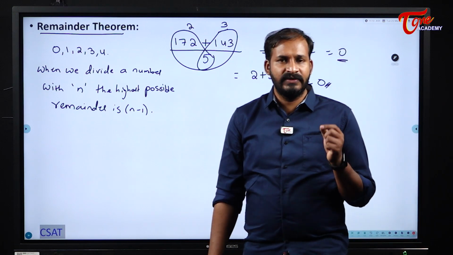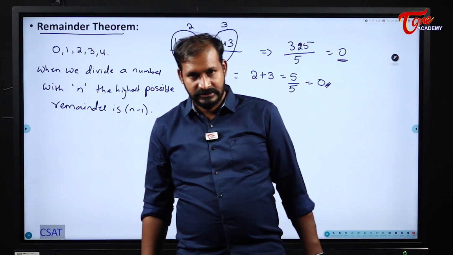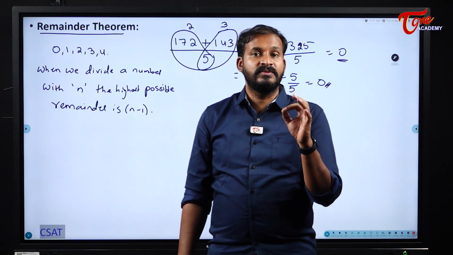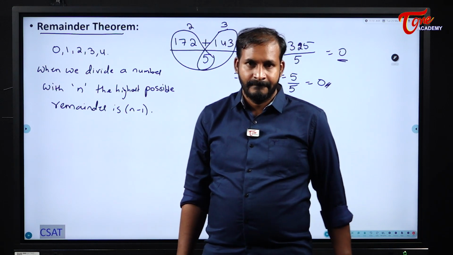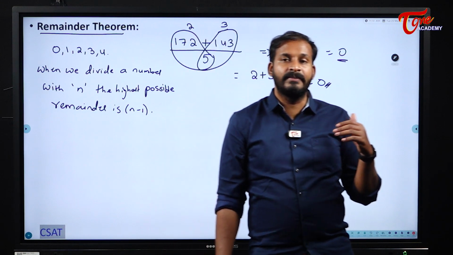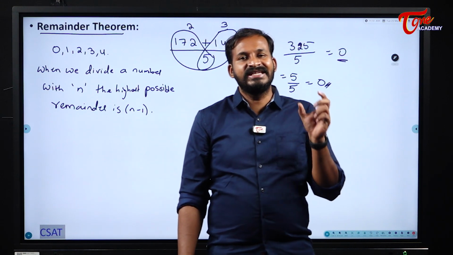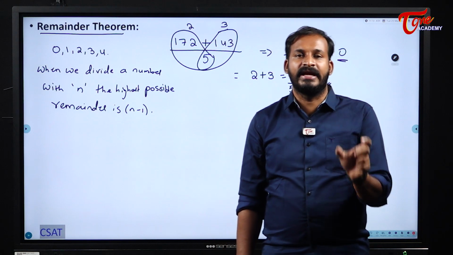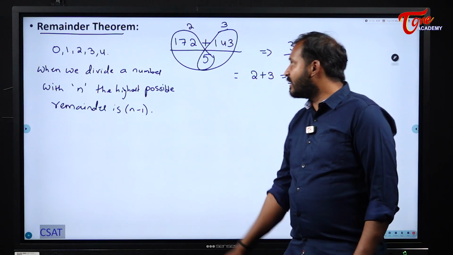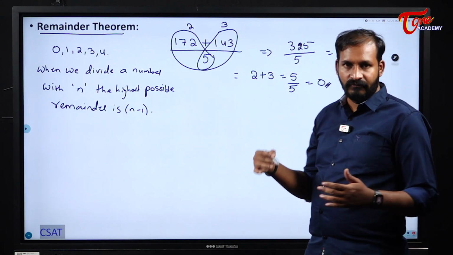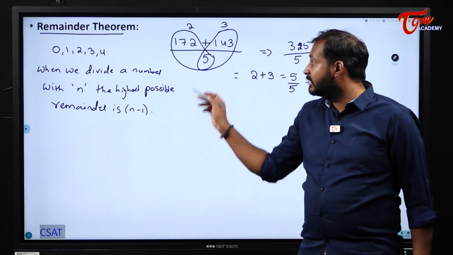That means if you divide a number with 9, the highest remainder possible is 8. When you divide a number with 20, the highest remainder possible will be 19. If in doing so we get a value which is equal to or greater than our given divisor, we divide it again.